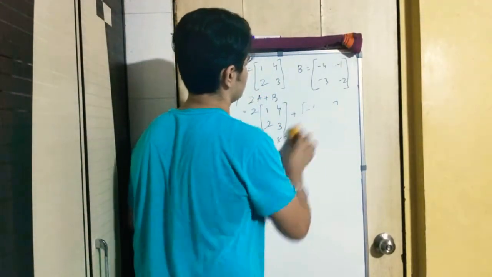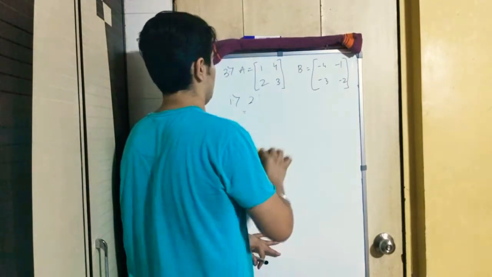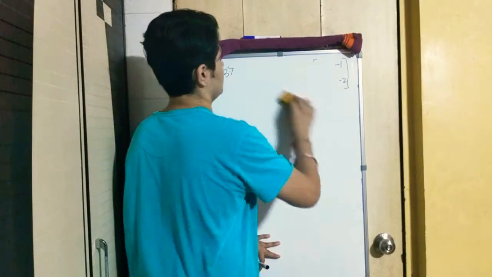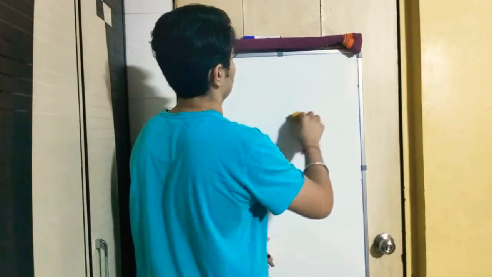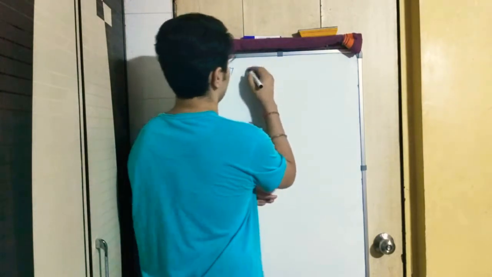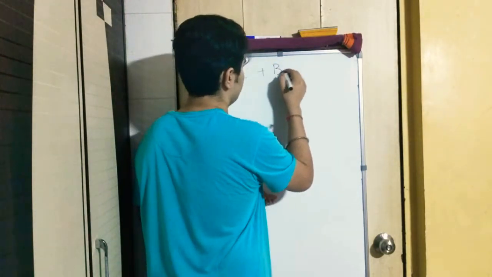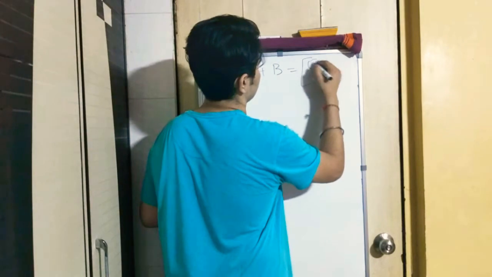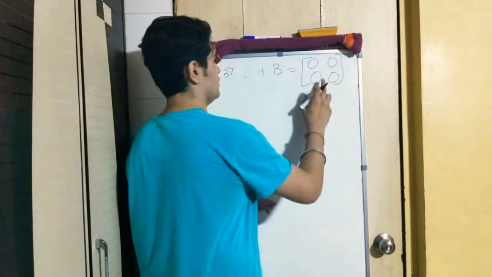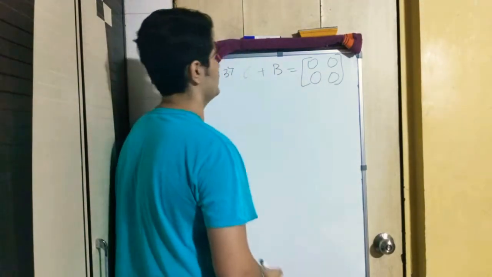Now in the second condition, we are given an equation. We are given an equation that C plus B is equals to null matrix or zero matrix. This is a null matrix or a zero matrix.